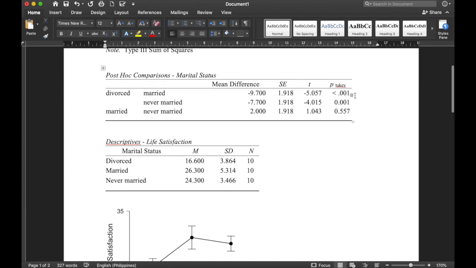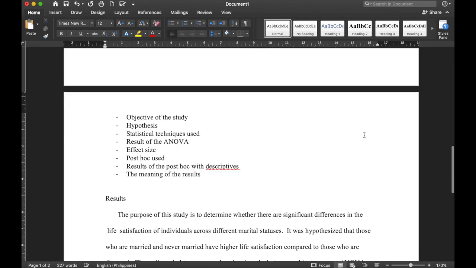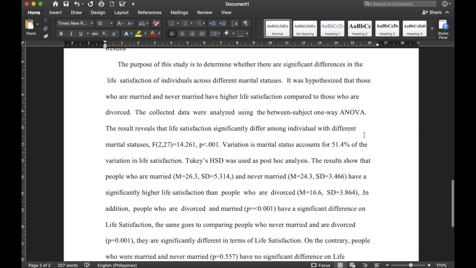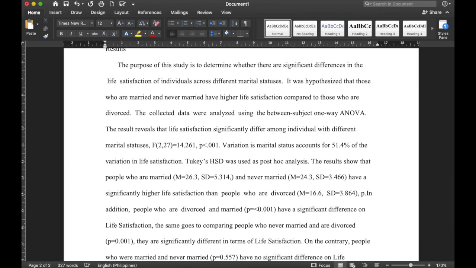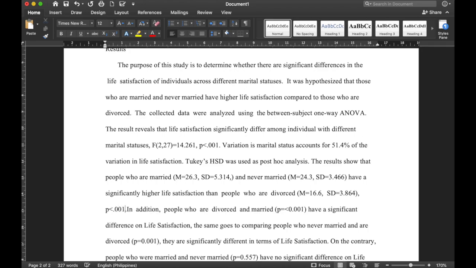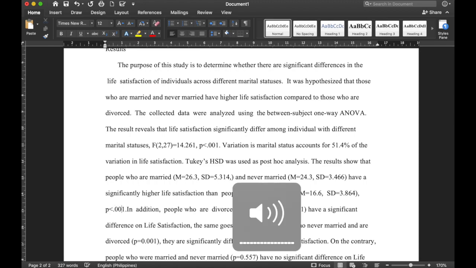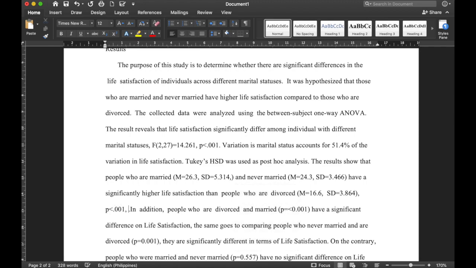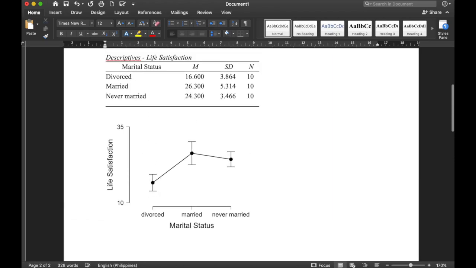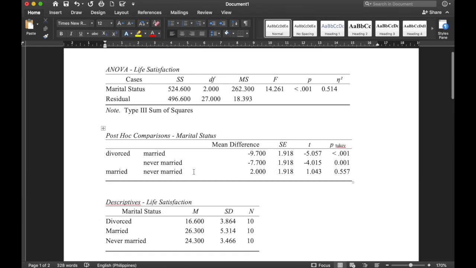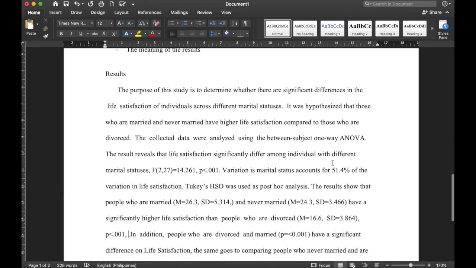Married, divorced, less than 0.001. So we should say p is less than 0.001. And then we have another one, so maybe separated by a comma. Divorced and never married equals 0.001.